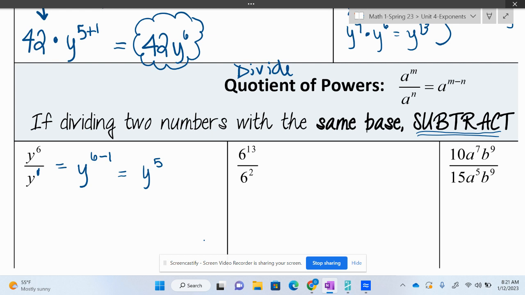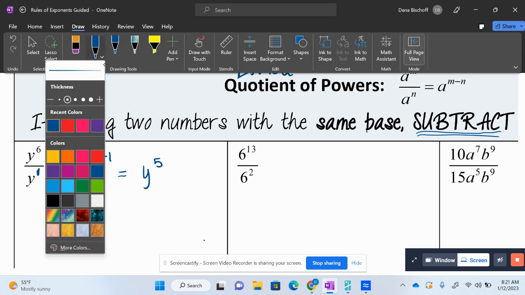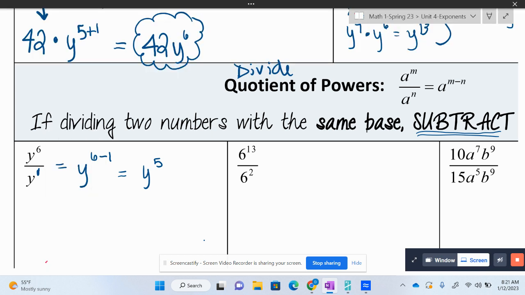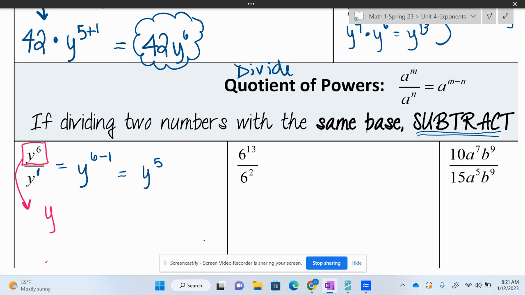Well, that's great, but sometimes my brain takes a little bit more to process. So I want to show you why that works, because I think that's important. y to the 6th power is really y times y times y times y times y times y over y to the 1st power, which is y.